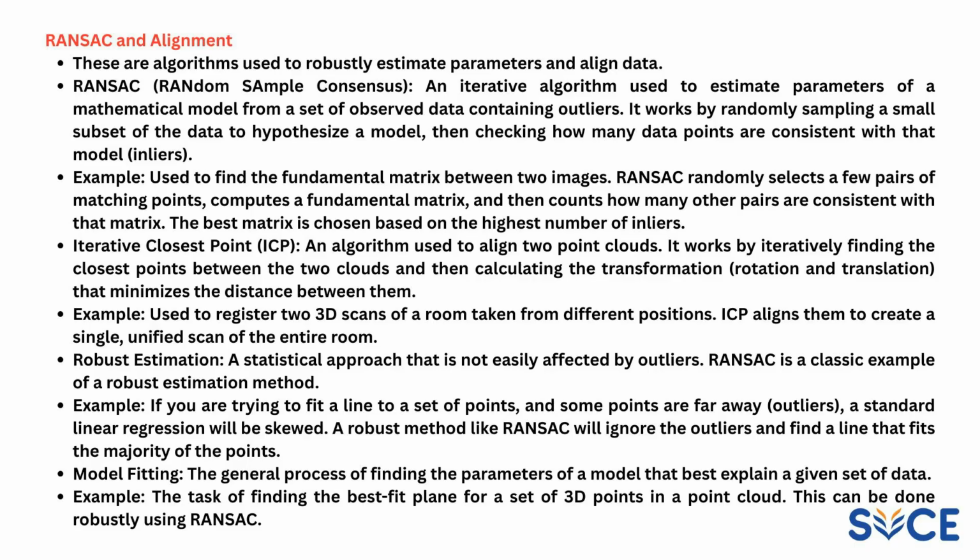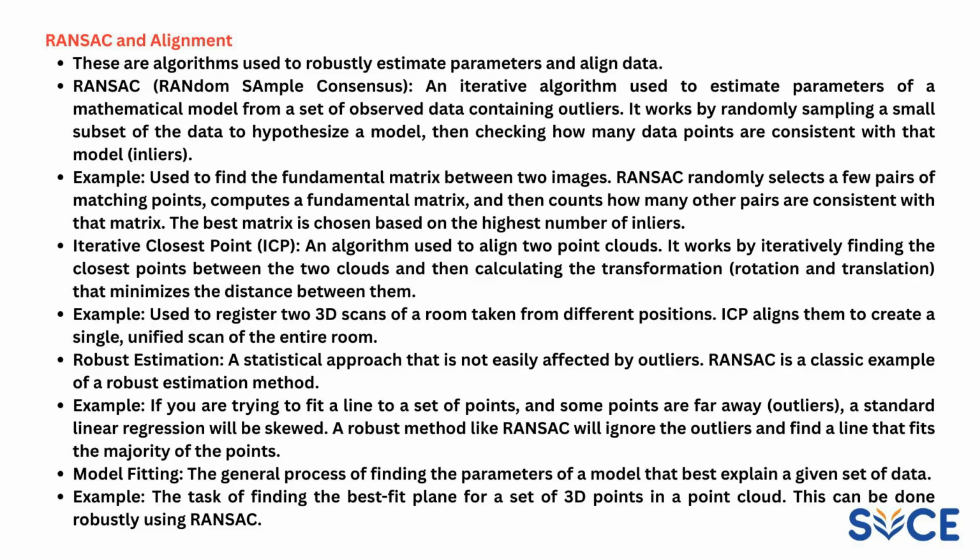Next, we can talk about ICP, Iterative Closest Point. ICP is used when you have two 3D point clouds, like a set of 3D points, and want to align them. It works like this: for each point in one cloud, find the closest point in the other.